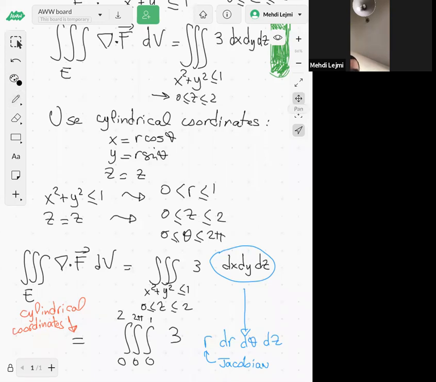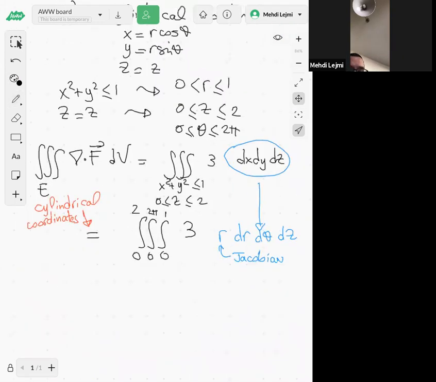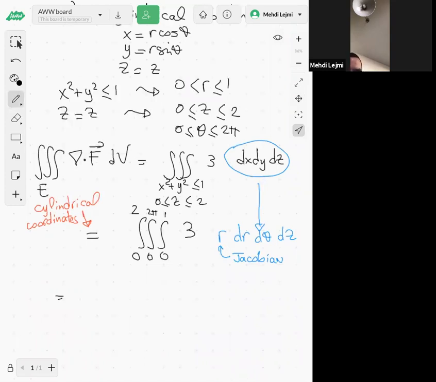So we integrate r dr: the integral is r squared over 2 between 0 and 1, and then we have the integrals from 0 to 2 pi and 0 to 2 for d theta and dz.